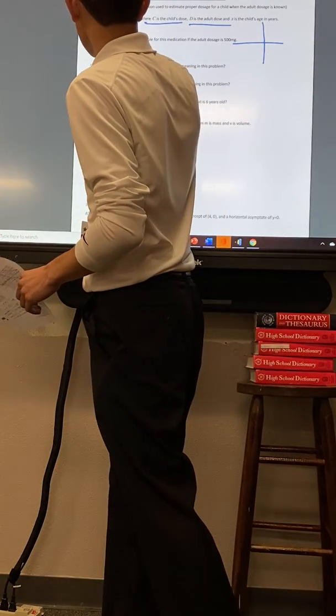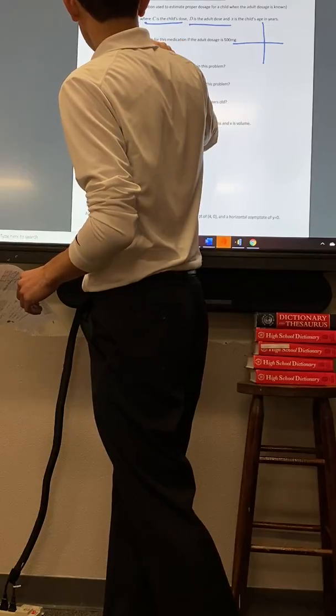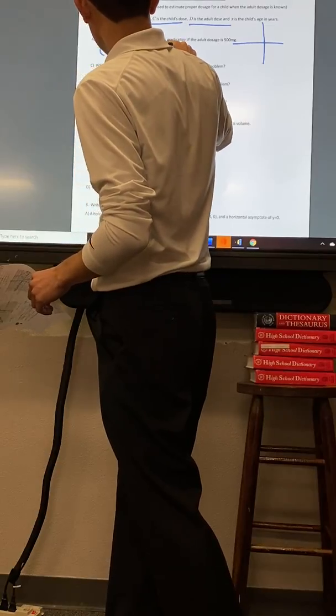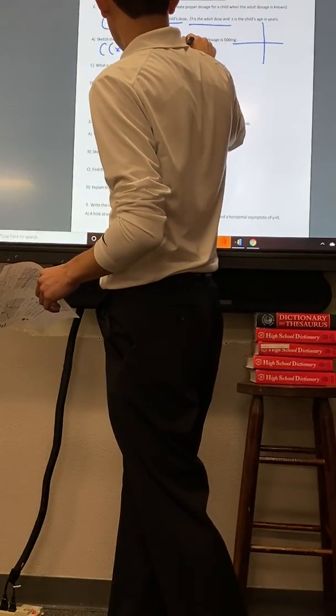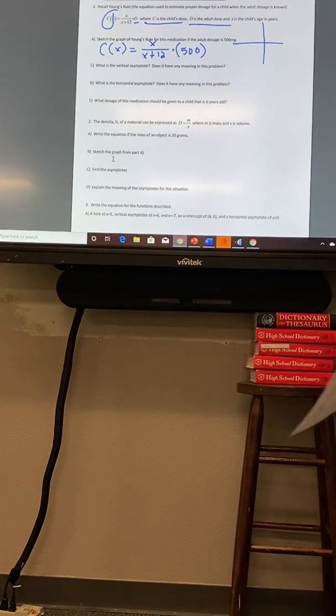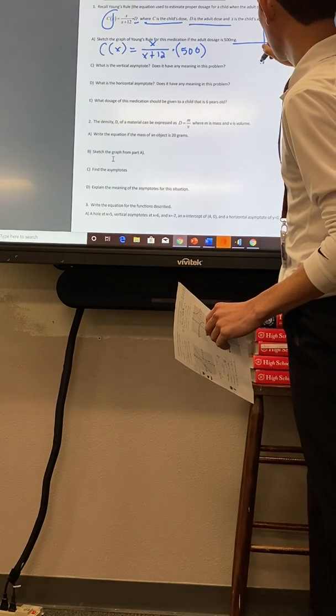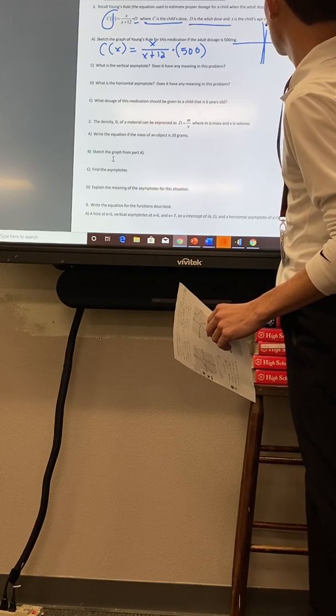So we have C of X is equal to X over X plus 12 times 500. Okay, so if we plug that into the calculator, depending on your view, if you graph it with the standard view, your graph is going to look something like this.